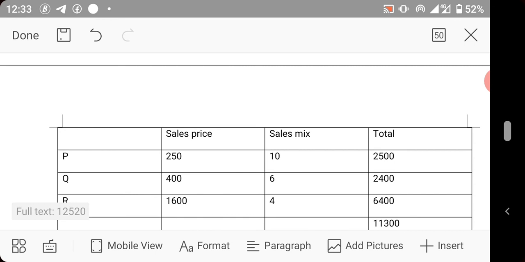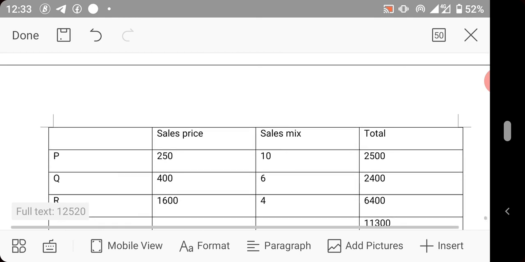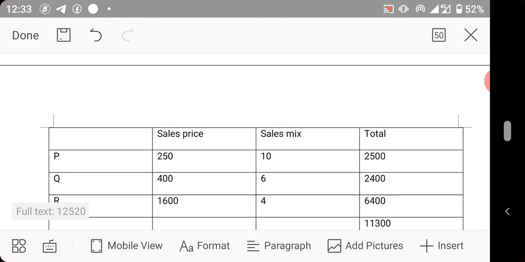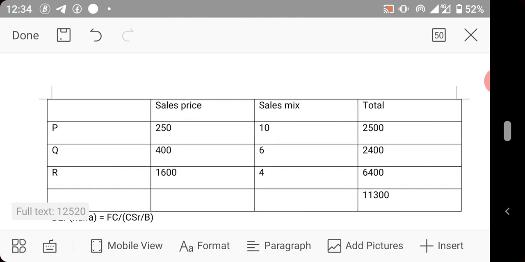Now we want to get the sales batch. How do we get the sales batch? That becomes one of the most interesting things here. So the sales batch is still easy using the same formula. It will be sales price per unit multiplied by sales mix. That gives us our sales batch. You understand? So the sales price for P is 250.